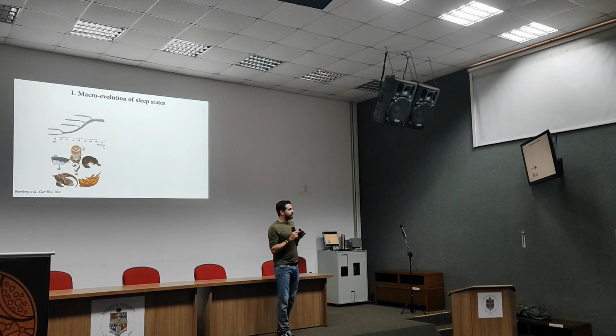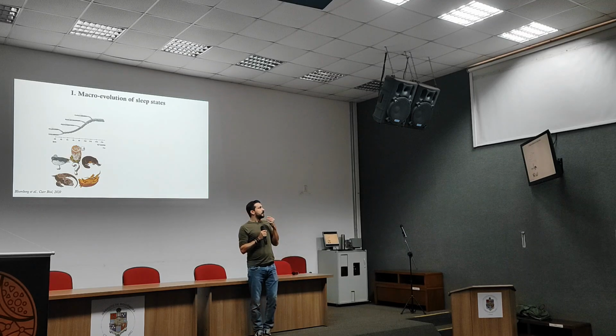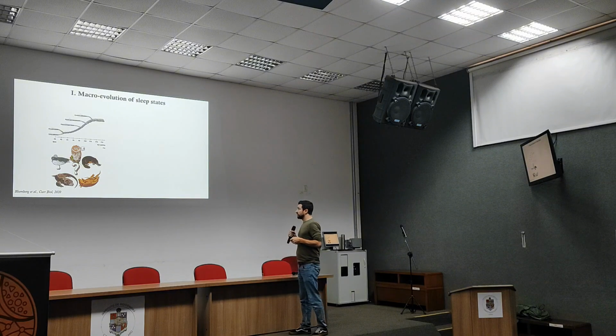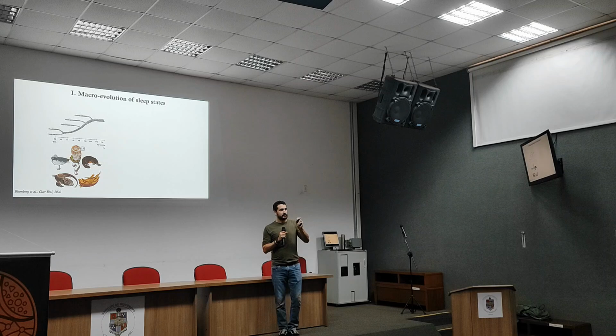So finally, about the macroevolution of sleep states, there are things that need to be kept in mind. Even during development, the different sleep states, the different traits of REM sleep occur periodically. It's not that REM sleep occurs once.